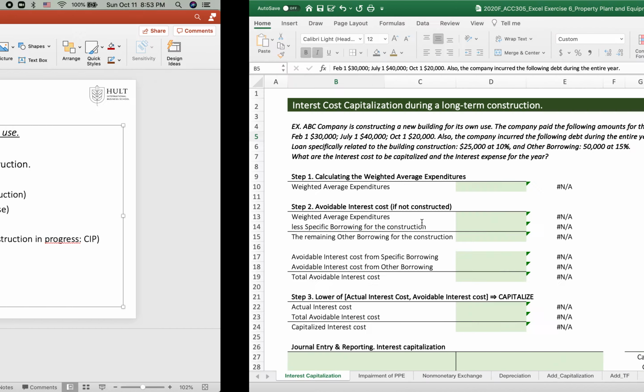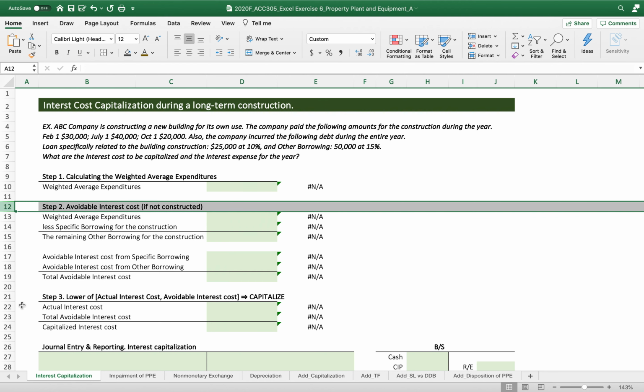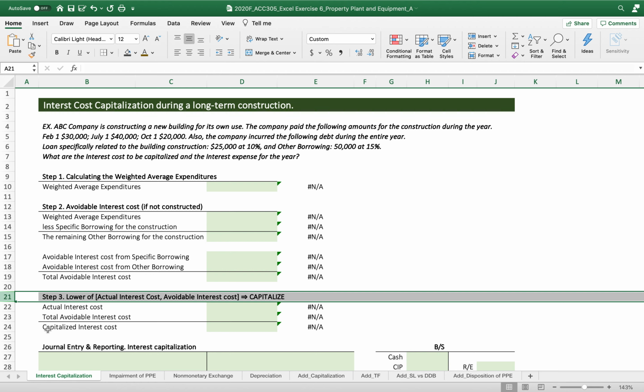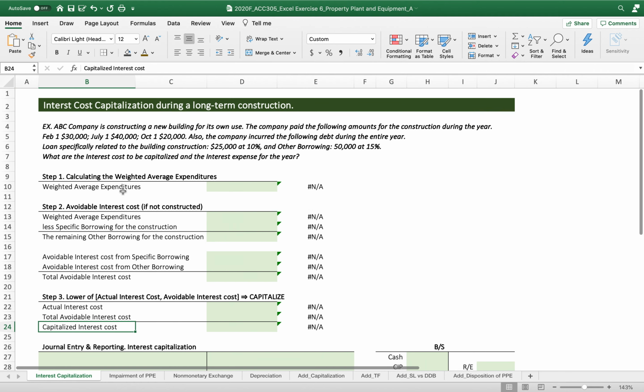So let's go to the practice. You should remember we have these 3 steps to get the capitalized interest cost at the end of the day. First, calculating the weighted average expenditures. All the expenditures do not occur on January 1st, for example. It's unrealistic.